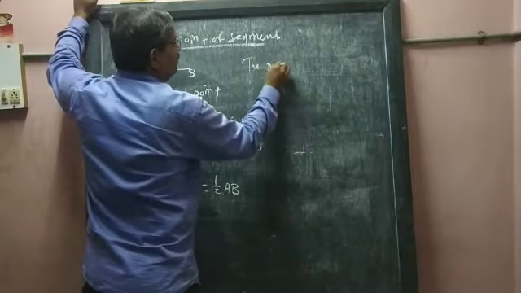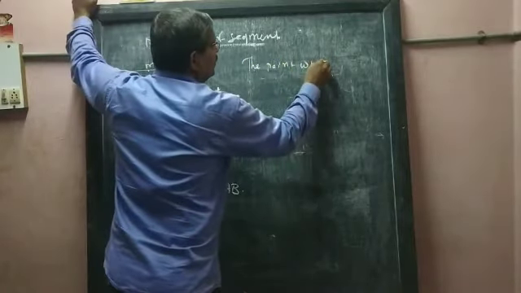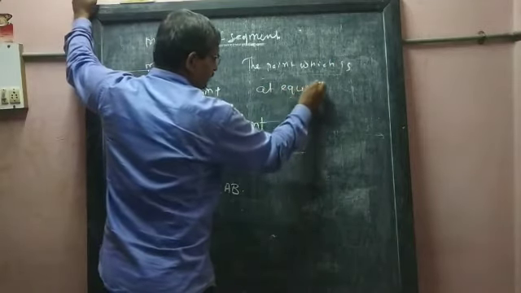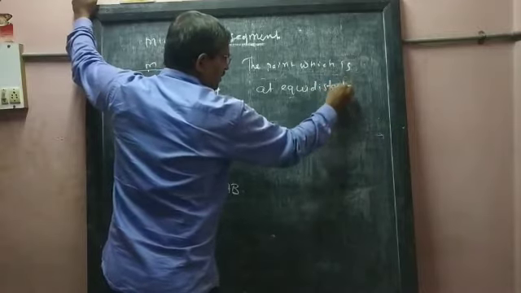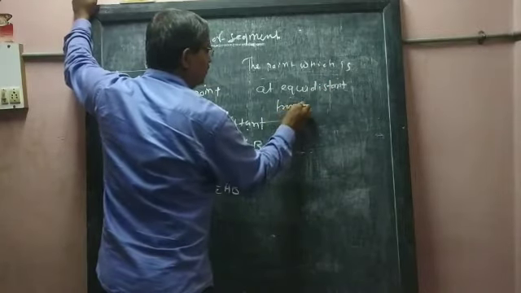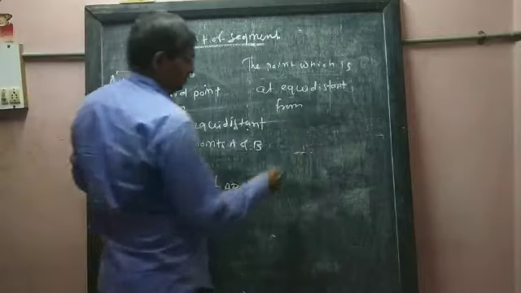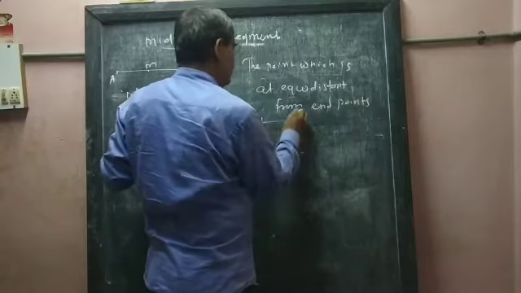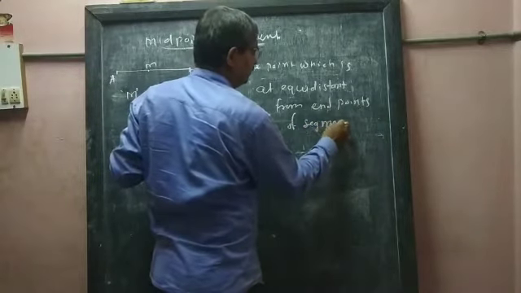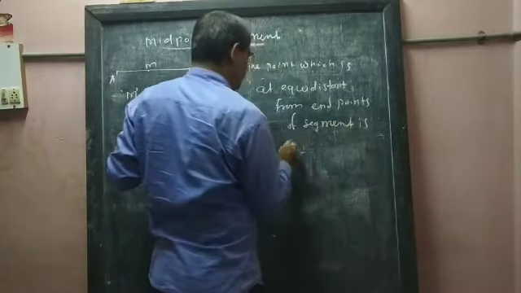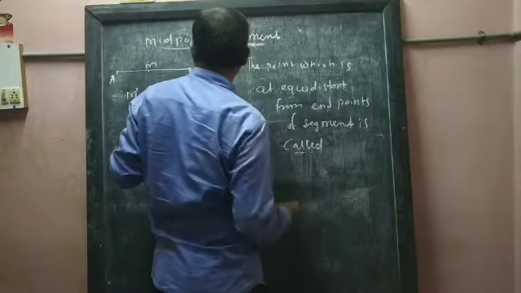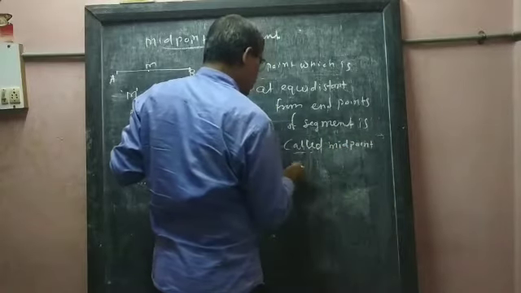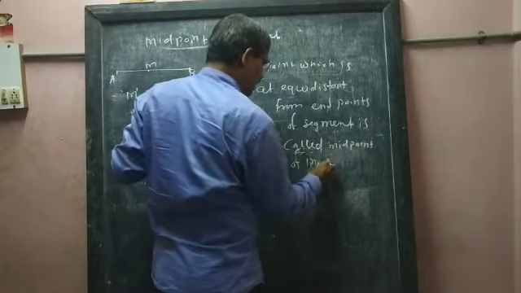The point which is equidistant from the endpoints of a segment is called the midpoint of the line segment.